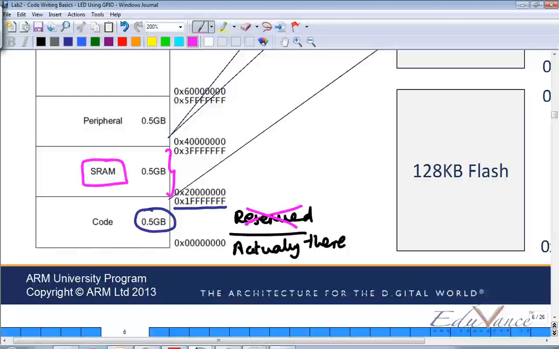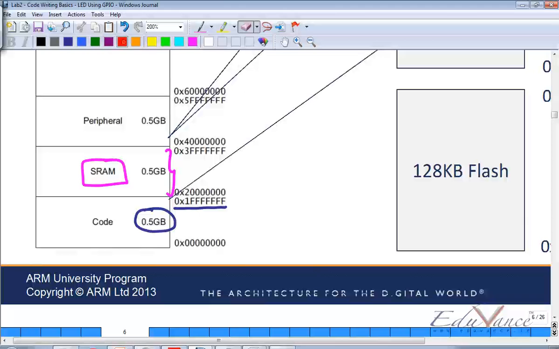When I say reserved, what we mean is that if you want to connect the part of memory where I will be storing code, then as per ARM, you must be connecting the code memory at these addresses only.